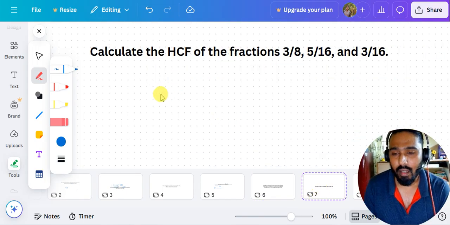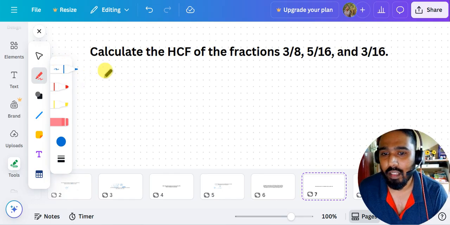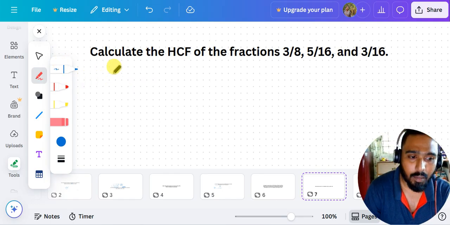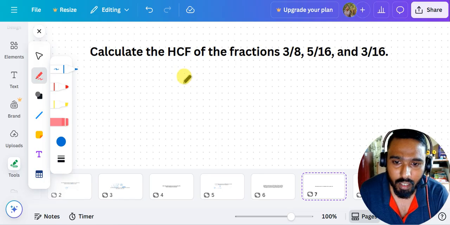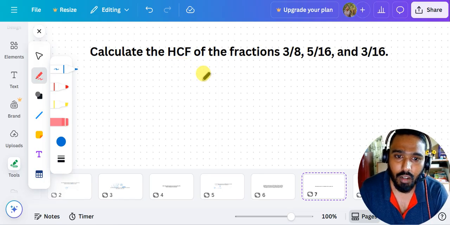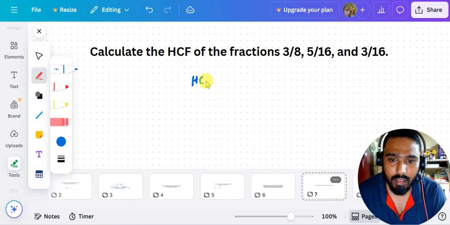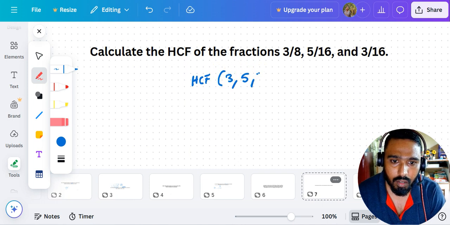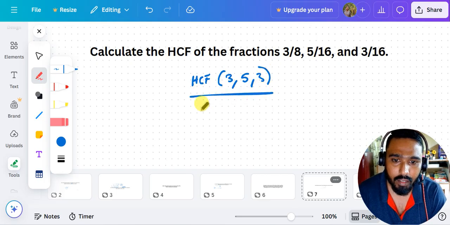Now we have seen this question in LCM also. वहाँ पे LCM क्या था, यहाँ पे HCF क्या है. So HCF of the fractions will be HCF of numerators divided by LCM of denominators.